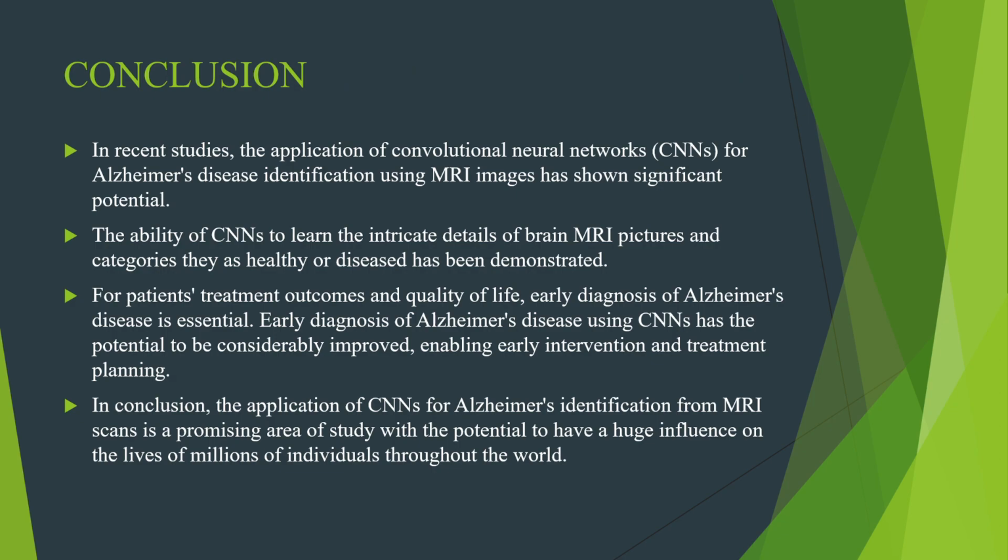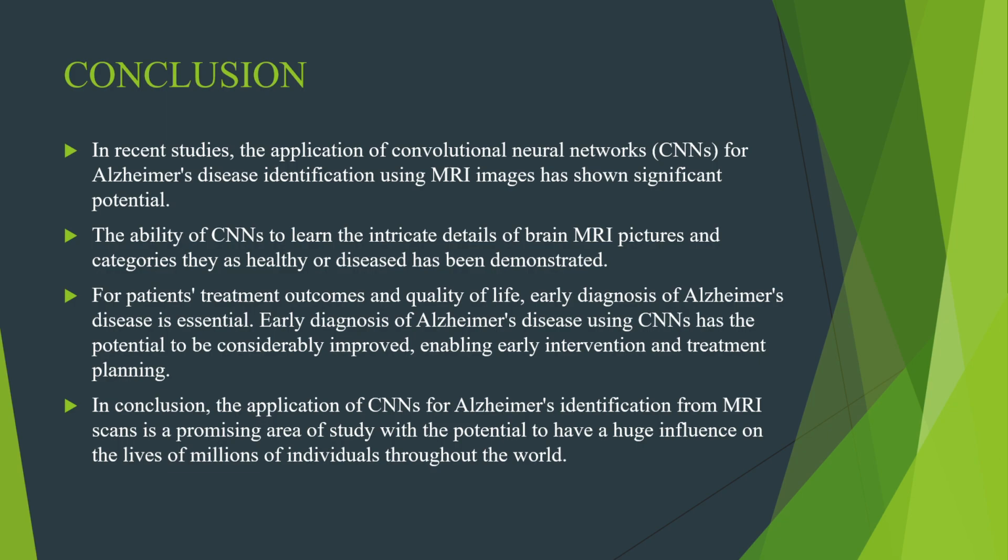Conclusion. In recent studies, the application of convolutional networks to Alzheimer's detection using MRI images has shown significant potential. The ability of CNN to learn the intricate details of brain MRI pictures and categorize them as healthy or diseased has been demonstrated. For patients' treatment outcomes and quality of life, early diagnosis of Alzheimer's disease is essential.